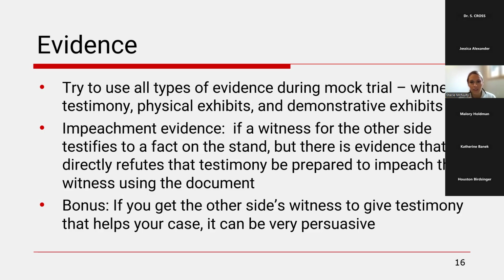So there's evidence that shows that this witness maybe can't be trusted. You're not necessarily trying to prove that it was blue. You can be trying to prove that, but you're trying to discredit the witness. That's what impeachment evidence does.